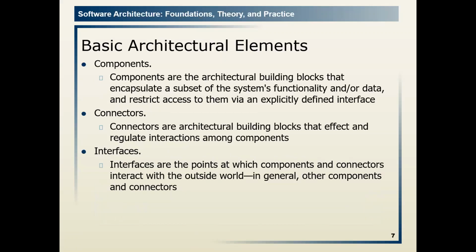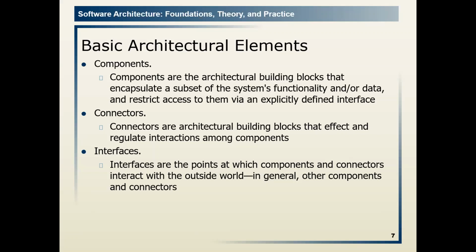Then there are these elements. The components are the architectural building blocks that encapsulate a subset of the system's functionality and or data and restrict access to them via an explicitly defined interface. Then there are connectors. Connectors are the architectural building blocks that effect and regulate interactions among the components.